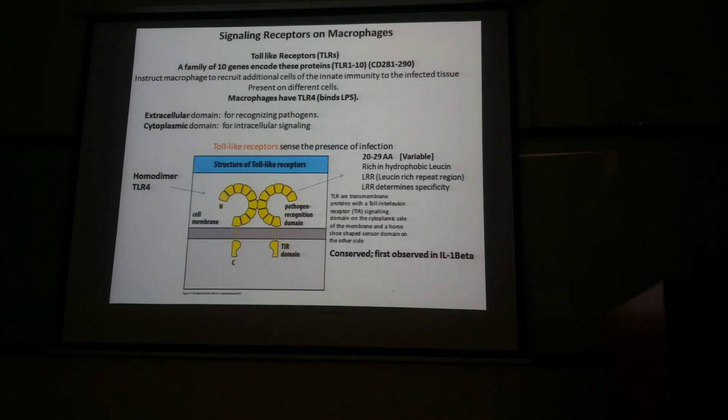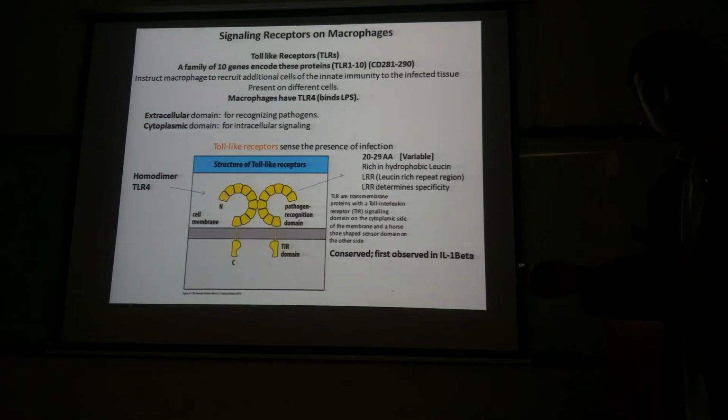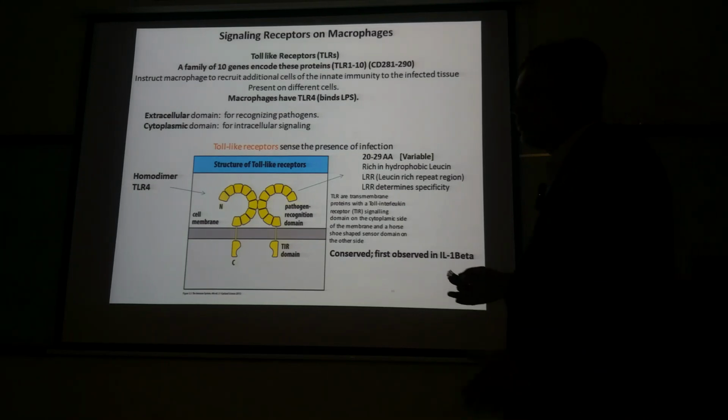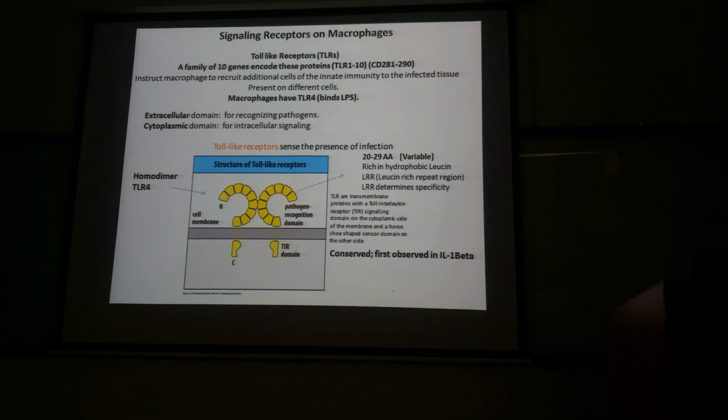There are some adapter proteins that would be activated, and at the end the message will go in the form of a transcription factor, which will be released as a result of that cascade of events. And that transcription factor would enter the nucleus and start transcription of different genes.